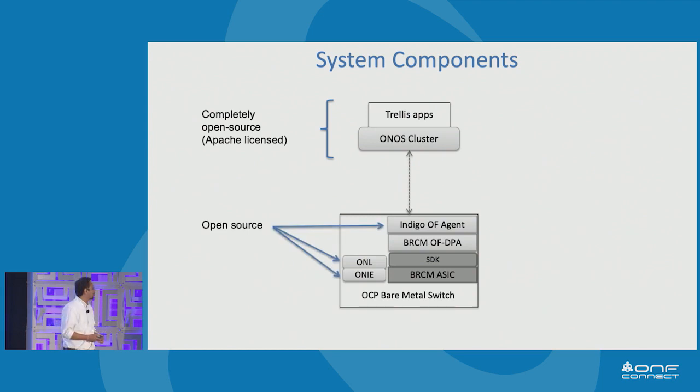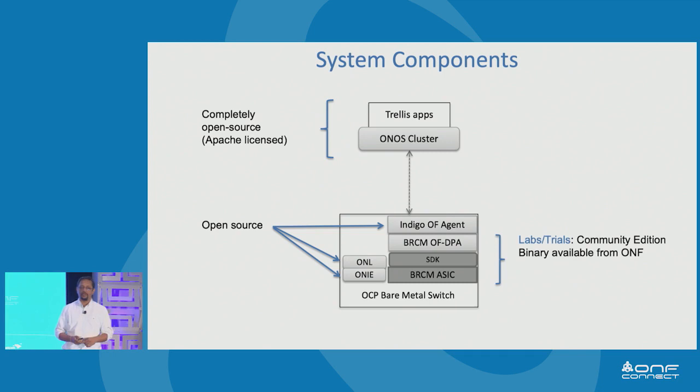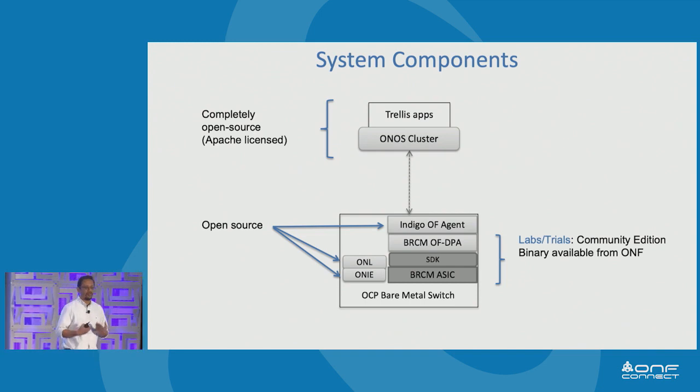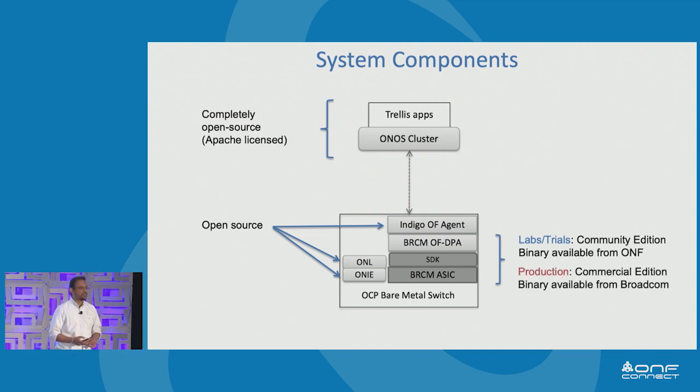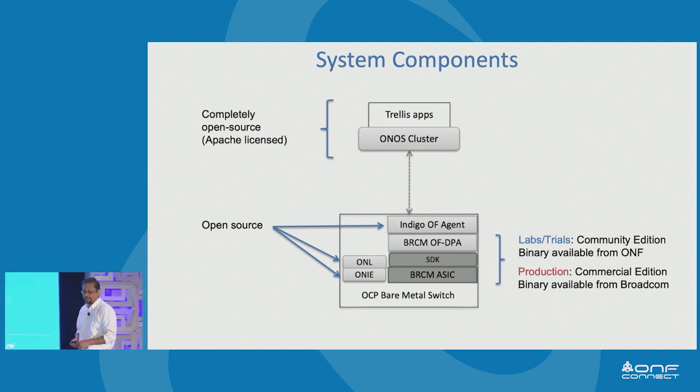You have also other open source software that goes inside the box. And when it comes to the Broadcom software for trials, there is a community edition, that is a binary that we offer from our website. And when you go to production, there is a commercial edition and again, that is available from Broadcom, okay?